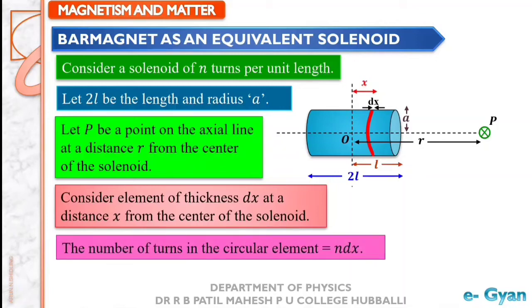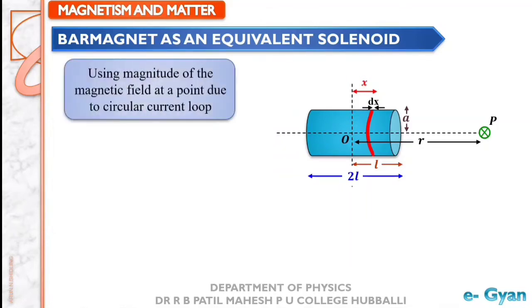So the number of turns in that circular element dx, so how many windings are there in that, will be equal to n dx. Further, by assuming this circular element to be a current loop, I can write the magnetic field using this formula here.